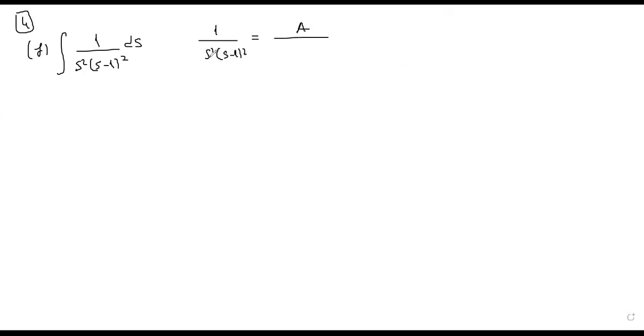So you see we have s squared. First we write a over s, then b over s squared, and for this part we write c over s minus 1 plus d over s minus 1 squared. Now you need to multiply this by s times s minus 1 squared, and this by s minus 1 squared, and this by s squared times s minus 1, and this by s squared.